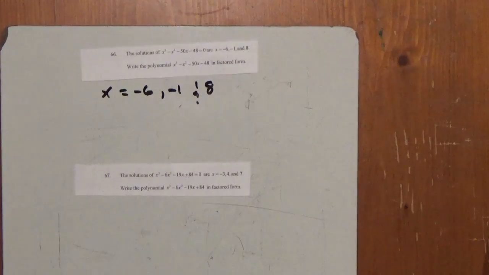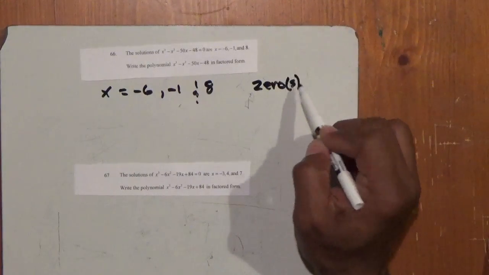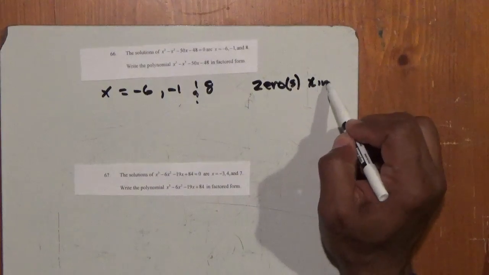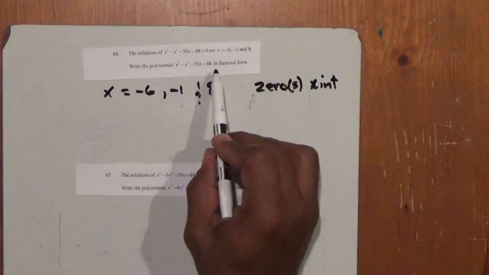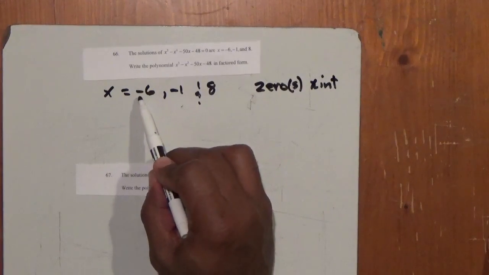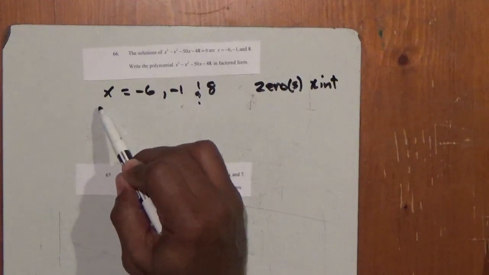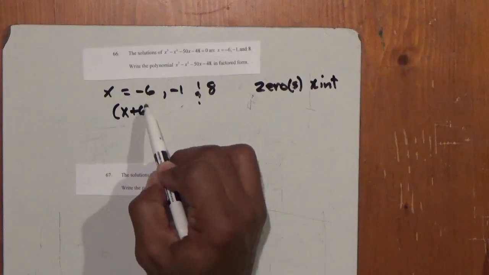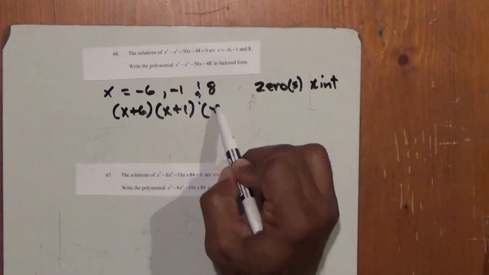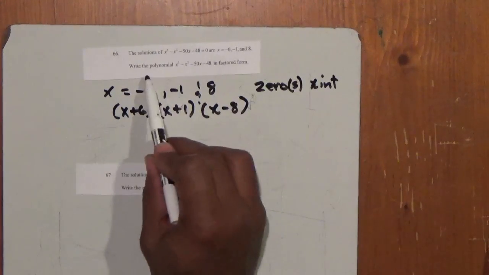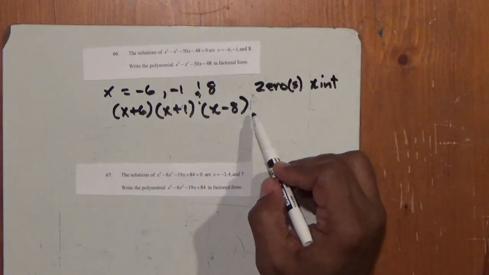Remember the solutions are pretty much the same as the zeros, the x-intercepts, all those things pretty much mean the same. It says write the polynomial in factored form. Once again, if the zero, or the solution, is negative 6, then the factor is x plus 6. If the zero is negative 1, the factor is x plus 1. And if the zero is 8, then the factor is x minus 8. And we write the polynomial in factored form. And there you go.